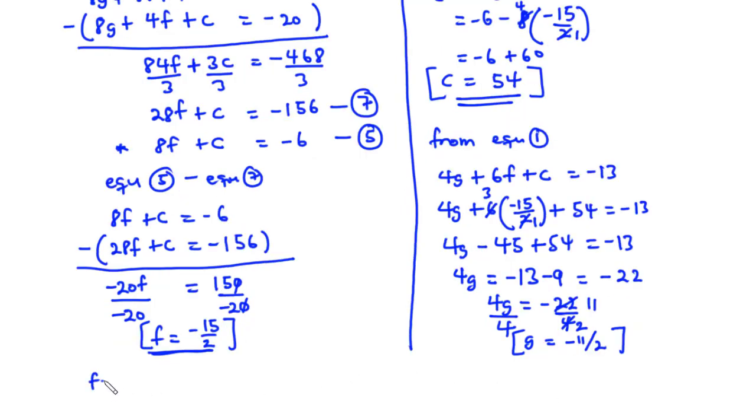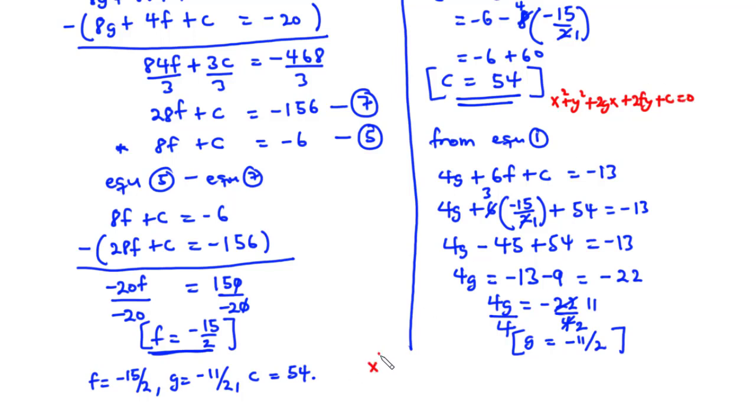So we had f to be negative 15 over 2, g to be negative 11 over 2, and c to be 54. So to find the equation of the circle, we are going to substitute all these values into the general equation, which is x squared plus y squared plus 2gx plus 2fy plus c equals 0.